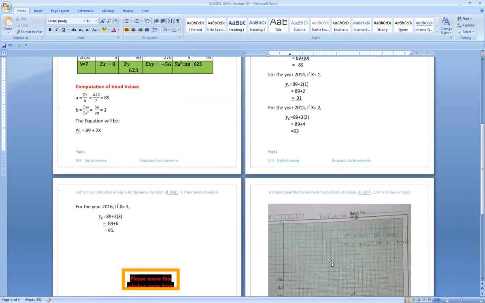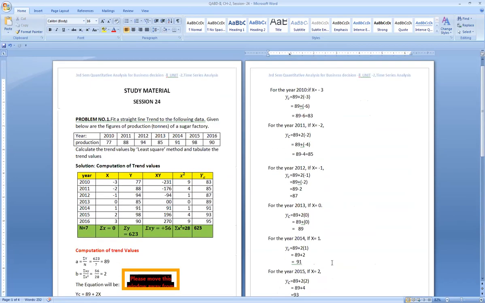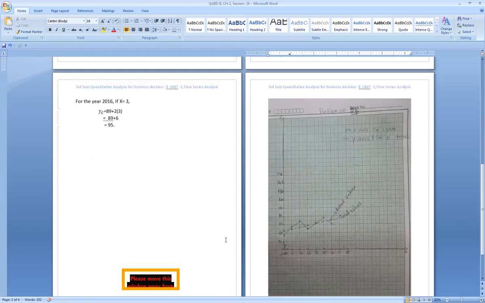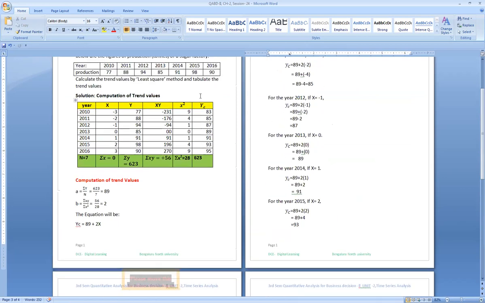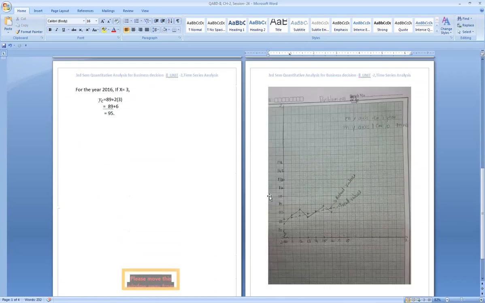Let us go for plotting the trend values. For the trend values, 2010 is 83, so we should mark 83: after 80, put one small dot at the third box. We need not draw a line; we just show it with dotted lines. Then 2011 it is 85.